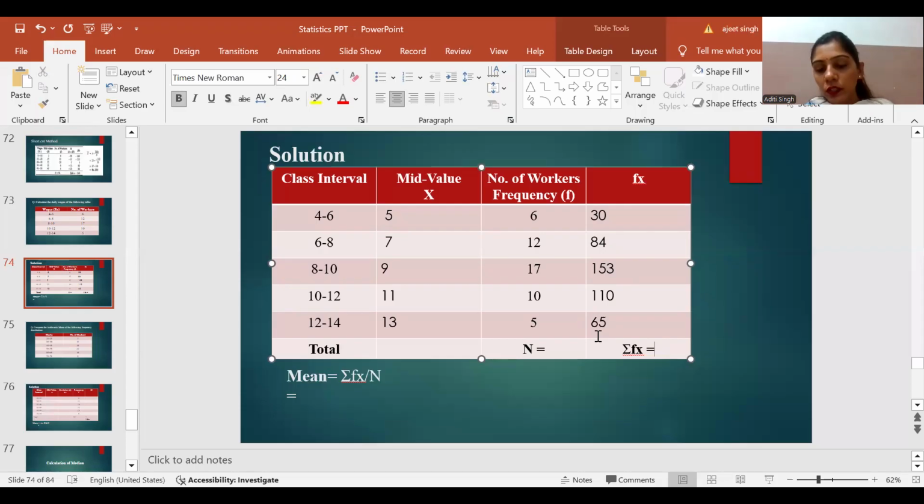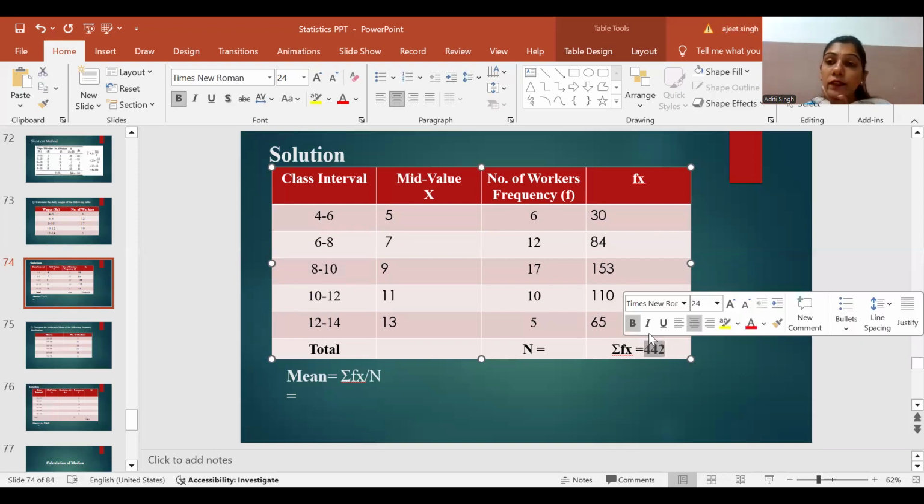If we do the calculation, the answer of sum of fx is 442. So this is how we calculate the sum of fx.